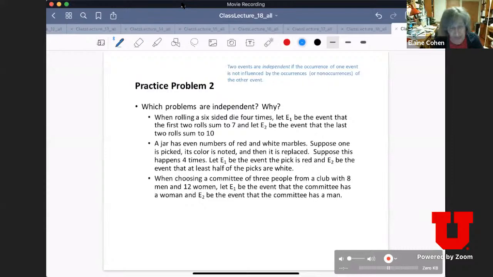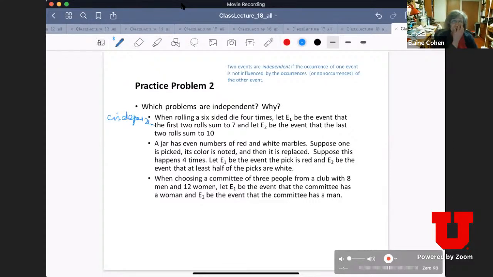If we roll a 6-sided die 4 times, let E1 be the event that the first 2 rolls sum to 7, and E2 be the event that the last 2 rolls sum to 10. Are they independent? Does the result of the first 2 rolls affect the occurrence or non-occurrence of the last 2 rolls? No, it doesn't. They're independent.